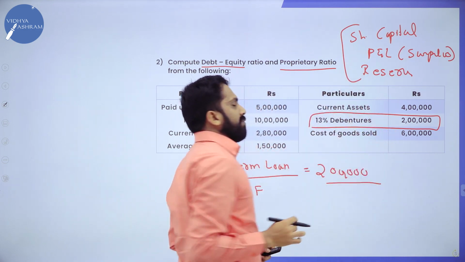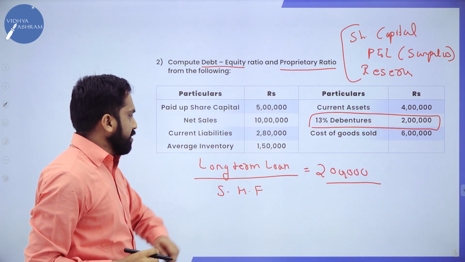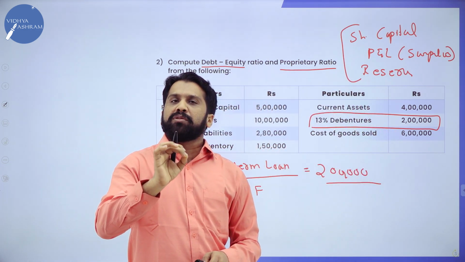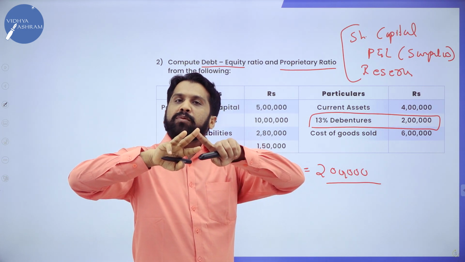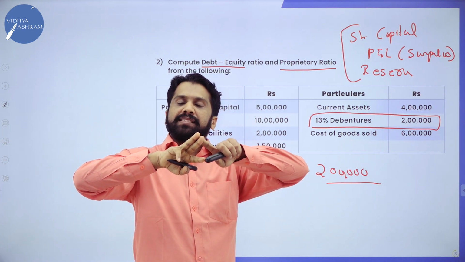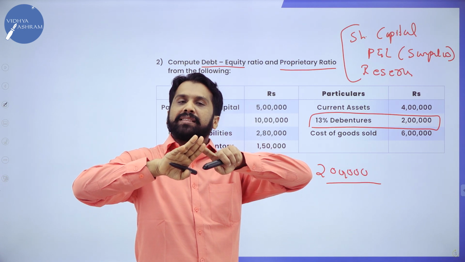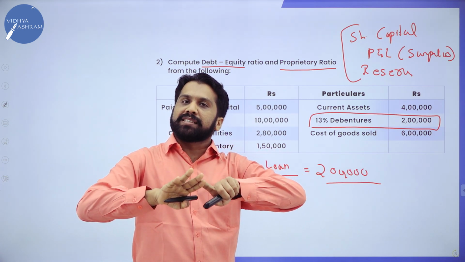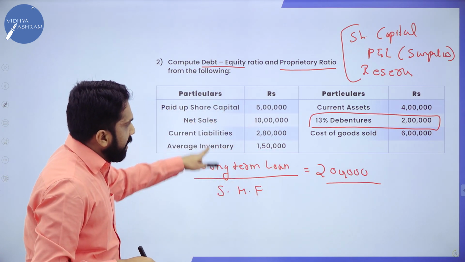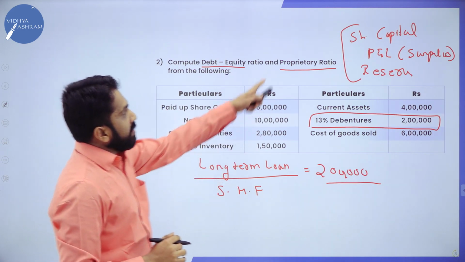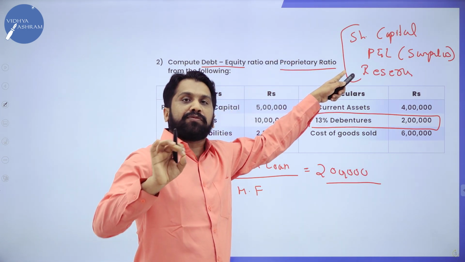All put together we call it shareholders fund. Always remember, shareholders fund means share capital, reserve, and profit or surplus. Now again come back to your question. These 3 things you have to find.